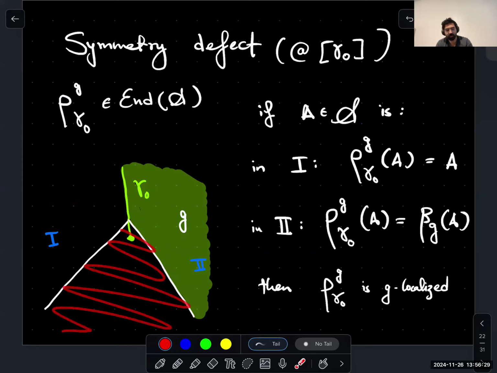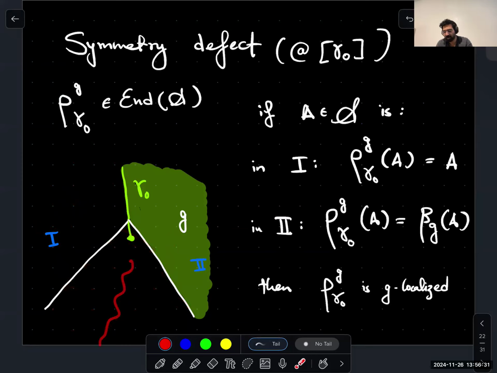Then there is a region that you don't think about, where there could be an anion lying inside, and then there is some region where there is a symmetry. So that's what a symmetry defect would be.